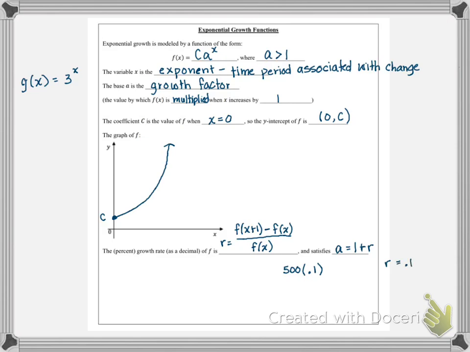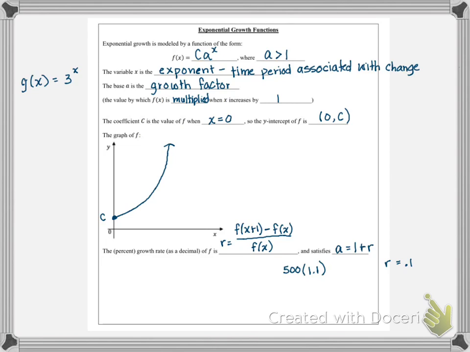That's my percent growth rate. But when we actually get down to doing the multiplication, I have to factor in the 100% I started with, and then I want 10% on top of that. And so my actual growth factor is 1.1. So the 1 is the initial value you started with, and we always have to multiply by that to keep what we started with. And then whatever our growth rate is, we're adding on to that. And so we're multiplying by 1 plus r to get our growth factor.